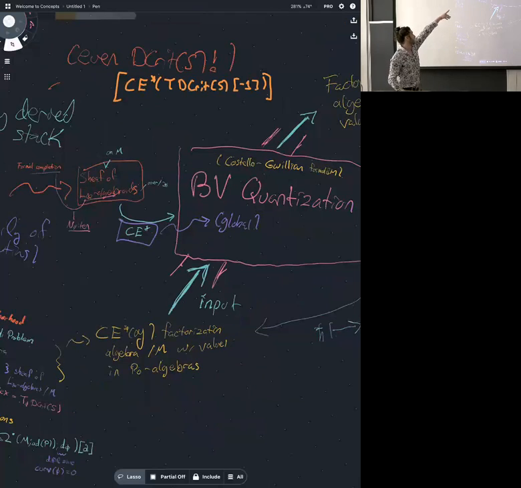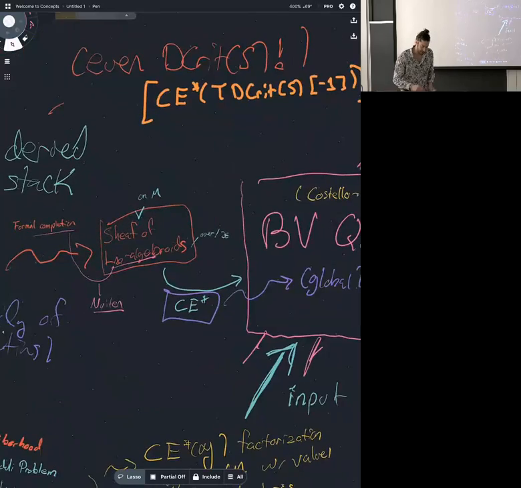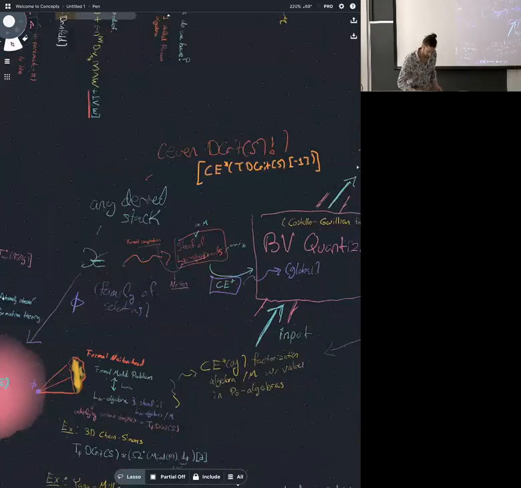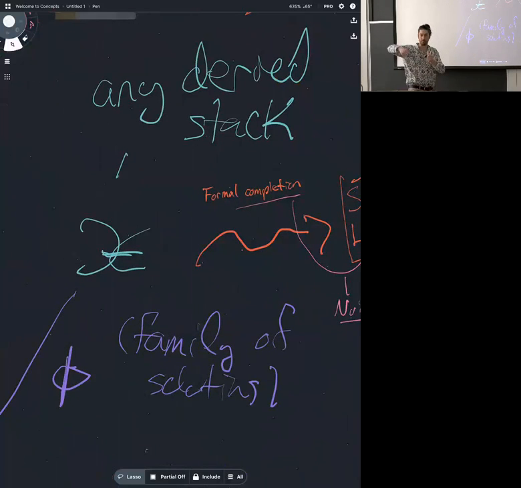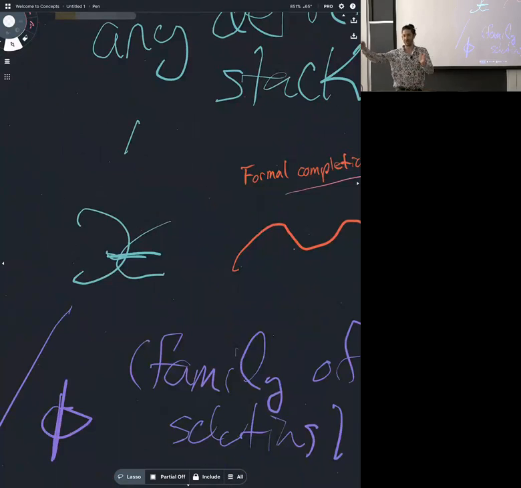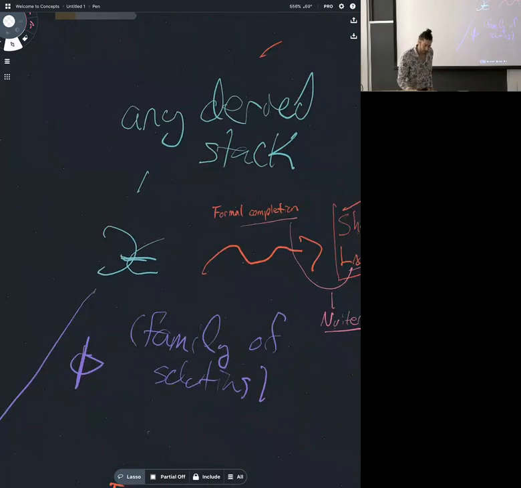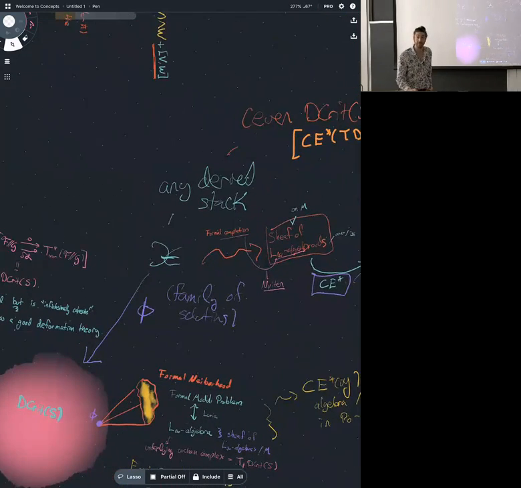I get a factorization algebra with values in P0 algebras still, but now it's coming from a sheaf of L-infinity algebroids over whatever stack I use to parameterize my solutions. I could just take R and have a nice family of solutions. But why do I say a stack? Well, what if I just take the identity map?